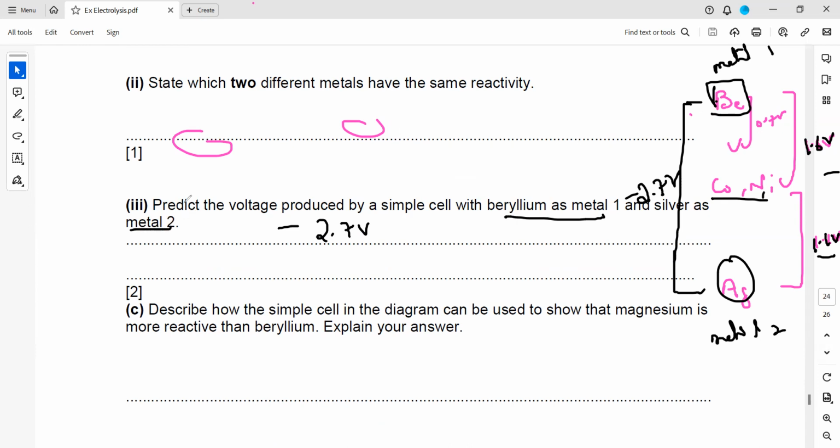So if metal 1 is more reactive than metal 2, it must produce a negative voltage, and how much voltage it produces depends on the difference in the reactivity of the two metals. So from beryllium to cobalt it is 1.6, and from cobalt to silver it was 1.1. So the total voltage will be equal to 2.7. Is the discussion clear?